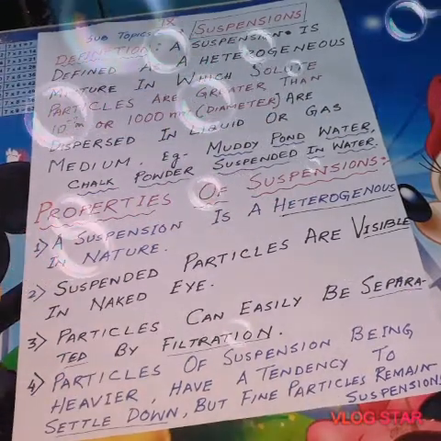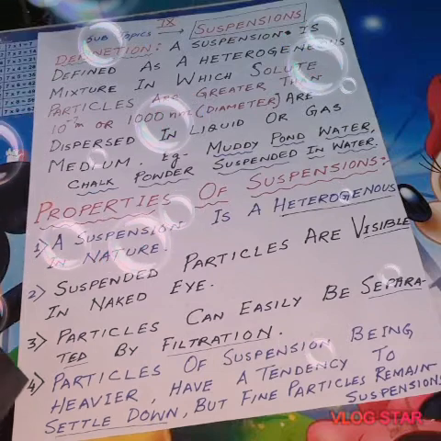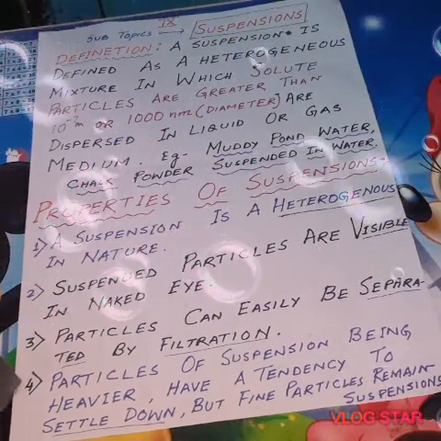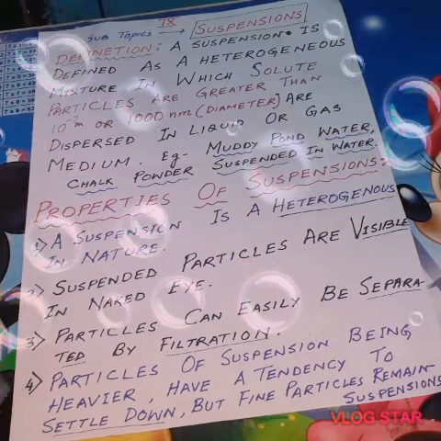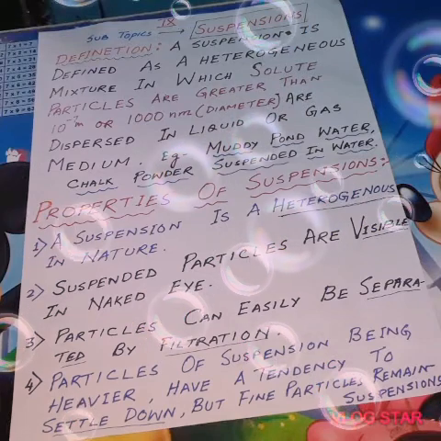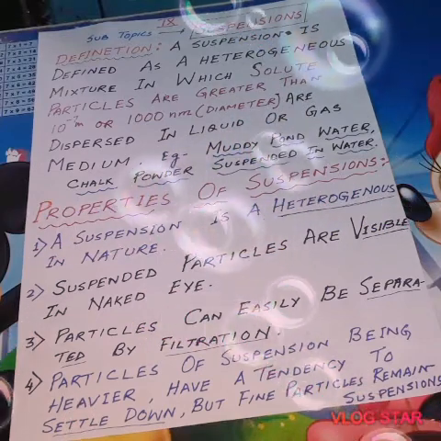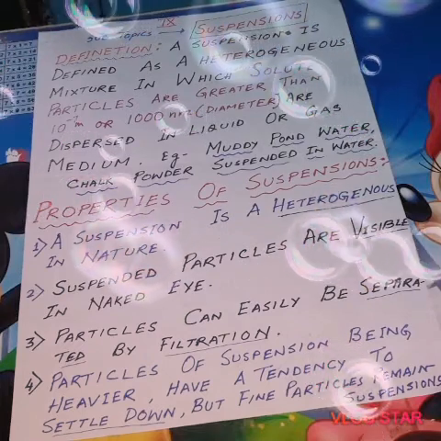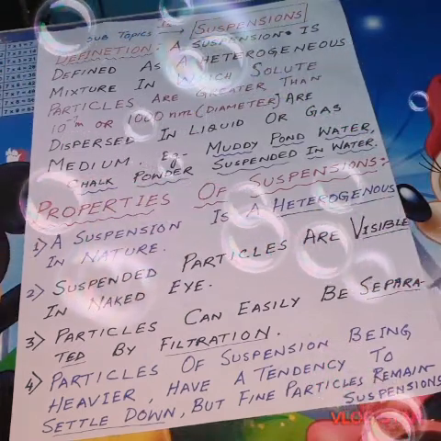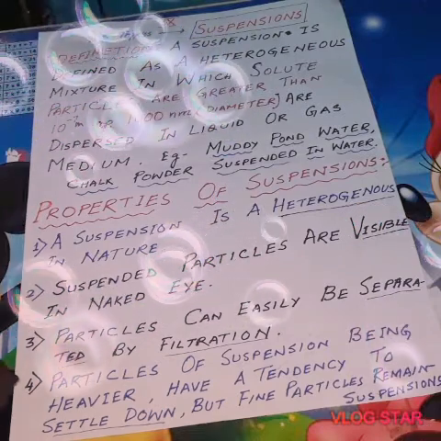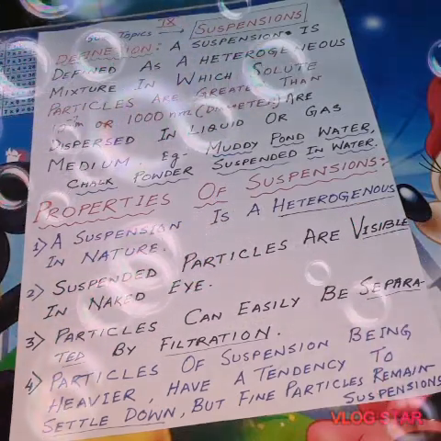So these are the four properties of the suspension. In the last property, you can notice whenever muddy water is settled in a container, the mud, the heavy particles, settle down very easily, and water is floating over there. So these are the main four properties of the suspension.